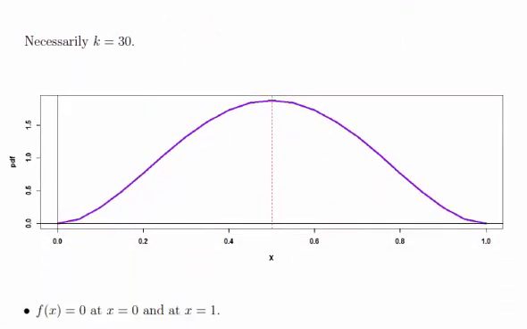Now, this is a sketch of the curve. I recognize that it's probably a little bit hard to read, but there we are. It looks quite symmetric. There's the curve between 0 and 1.